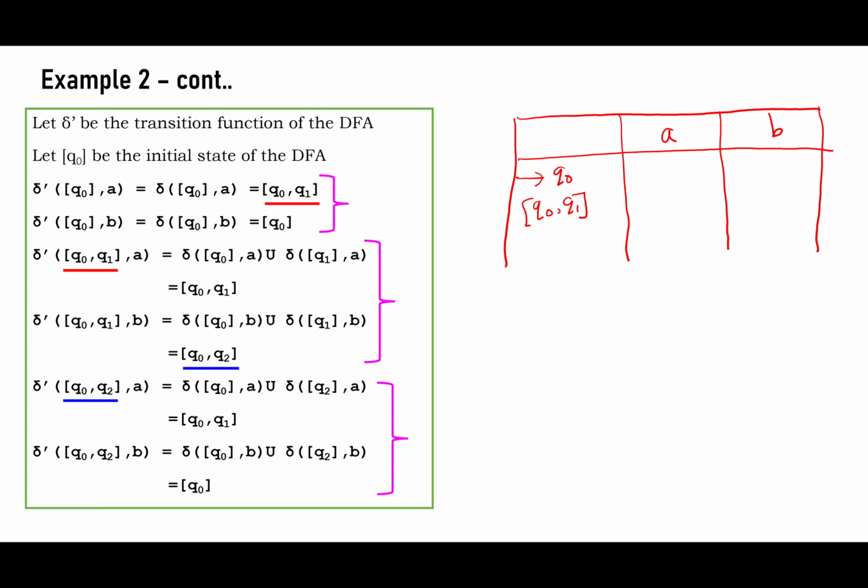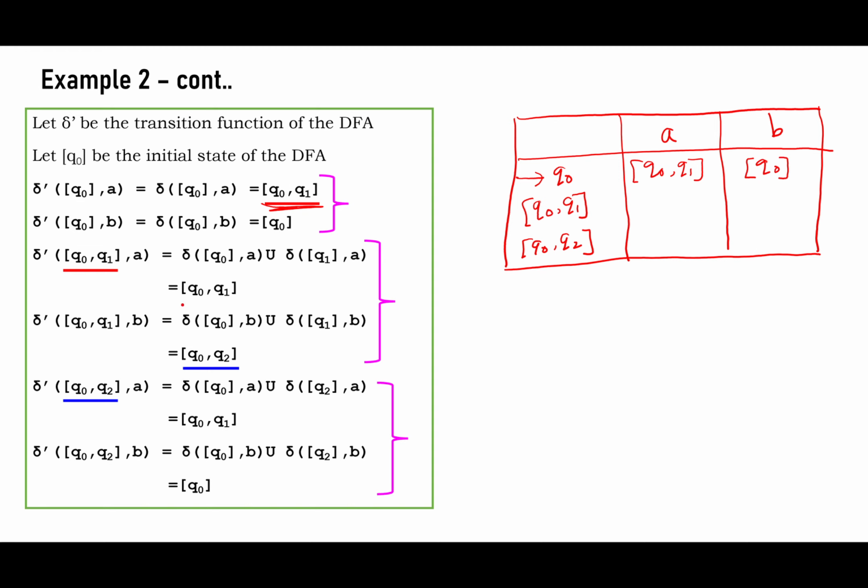The next state we got is q0 comma q2. So three states we got. What is q0 comma a? q0 comma a is q0 q1. Then what is q0 comma b? It is q0.